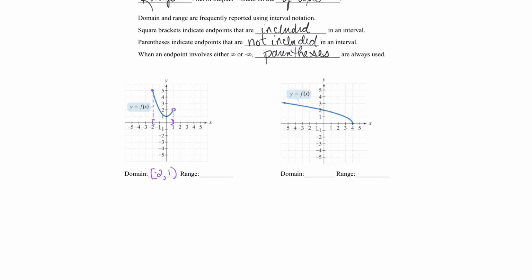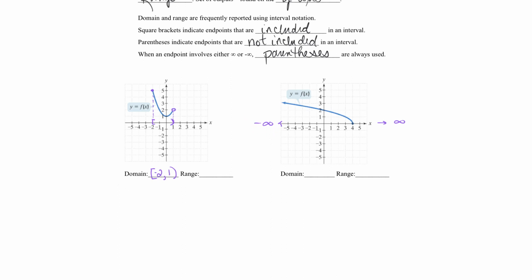Now, when I'm looking at this one, of course, my x-axis extends in this direction towards positive infinity, and in this direction towards negative infinity, right? And this particular function, this arrow indicates this keeps going forever, right? So my domain doesn't have a specific beginning point.